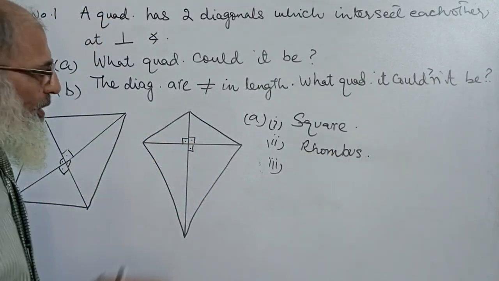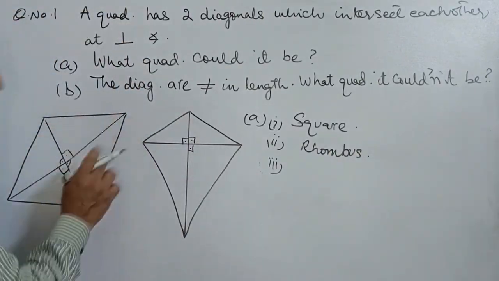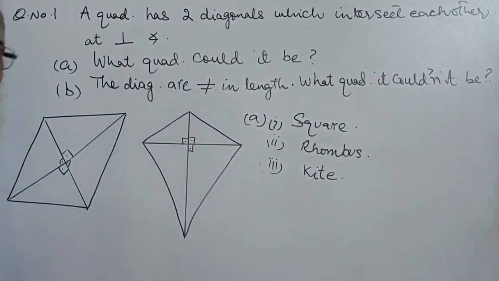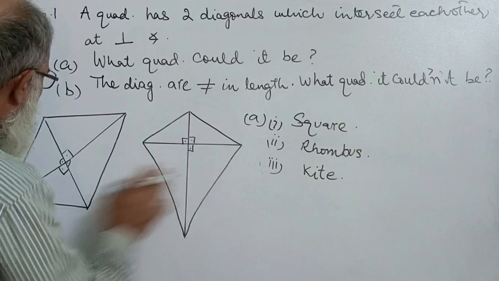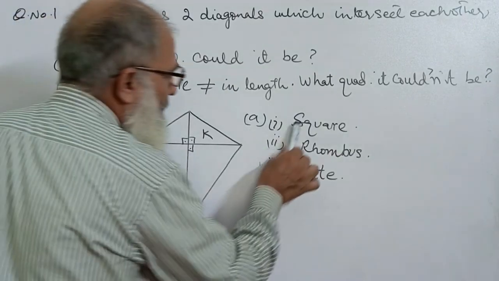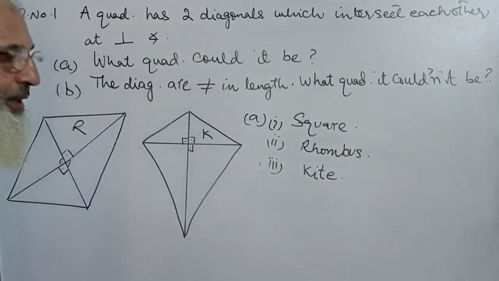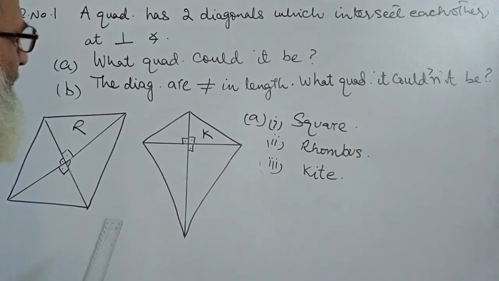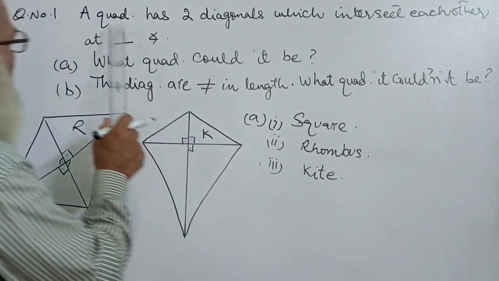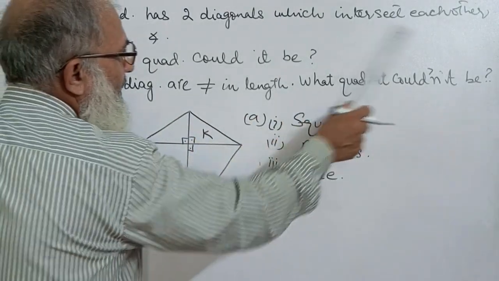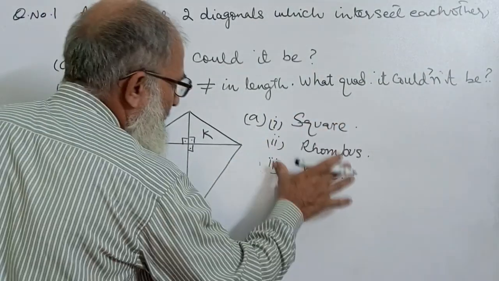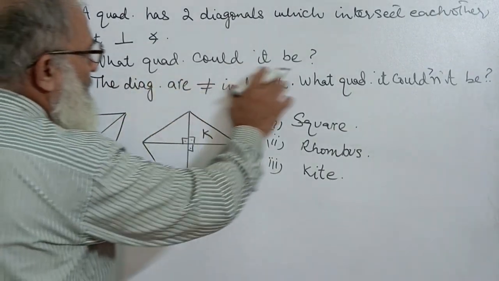This is very rough, but even then you can see that this is 90 degree in each case. Square, which I erased, rhombus, and this is kite. So square, rhombus, and kite are the three shapes which could contain this property. A quadrilateral has two diagonals which intersect each other at 90 degree. What quadrilateral could it be? So these three are the answer for the first one.